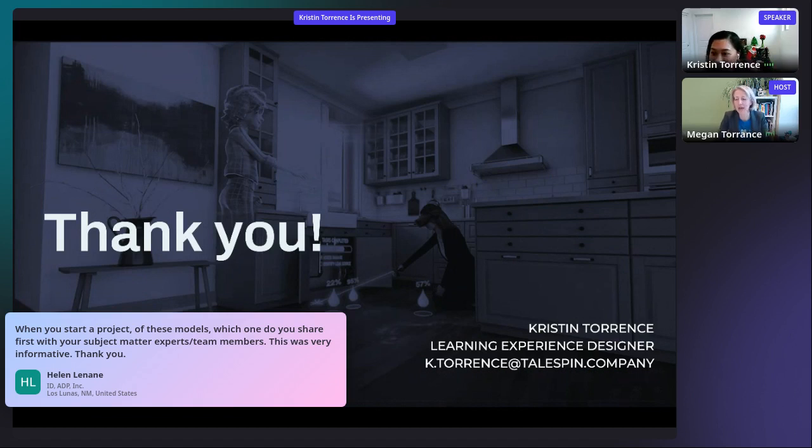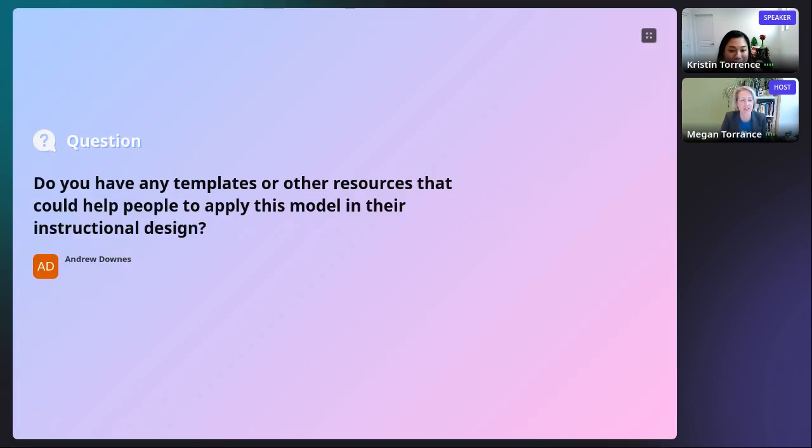Awesome. All right, we do have some questions. Perfect. So do you have any templates or other resources that could help people apply this model in their instructional design? Let's see. Off the bat, I don't have any templates.